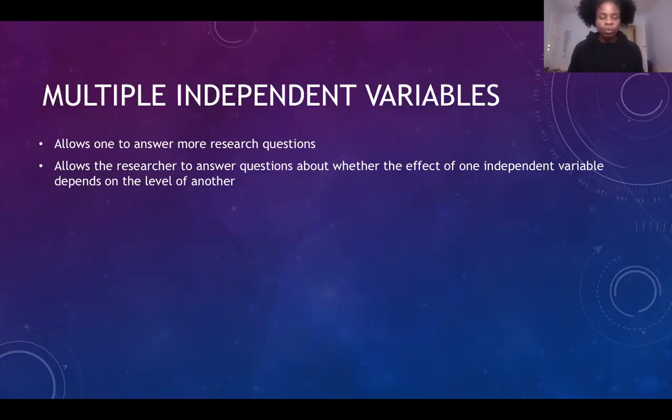Also, Price is going to sketch and interpret bar graphs and line graphs showing the results of studies with simple factorial designs. Just as it is common for studies in psychology to include multiple dependent variables, it's also common for these studies to include multiple independent variables.